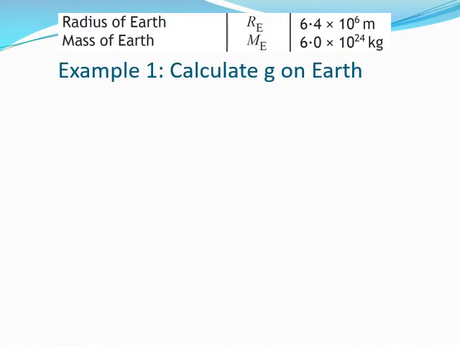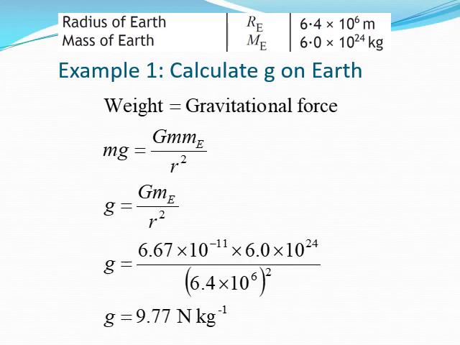Okay, so our example here is to calculate little g this time, the gravitational field strength or the acceleration due to gravity. Since the weight is due to the gravitational force, m times g is equal to G times M m over r squared.